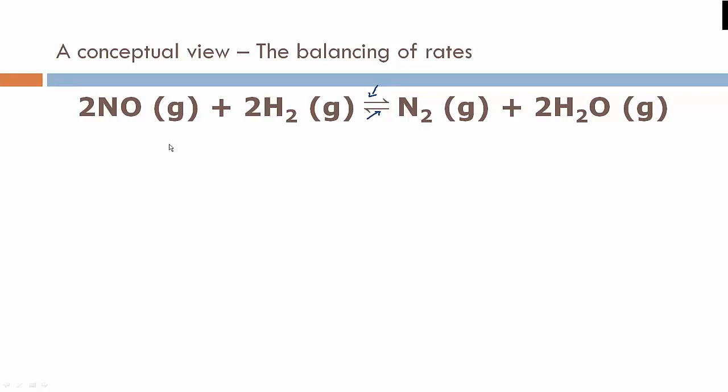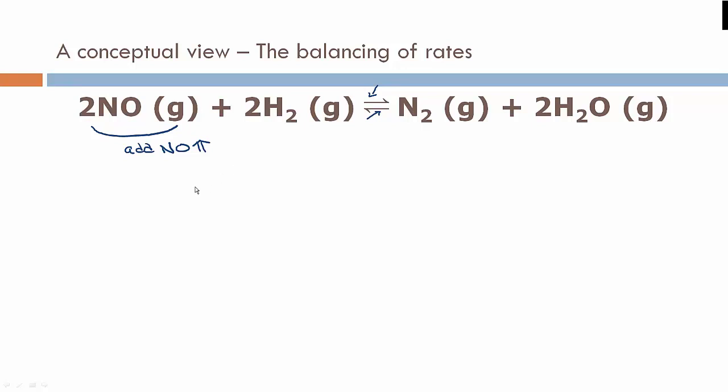So let's think about what will happen if I increase the amount of NO that's in the system. Remember, the system was at equilibrium. Now I add NO, which I will often write as a two-bodied arrow like that, a fat arrow.